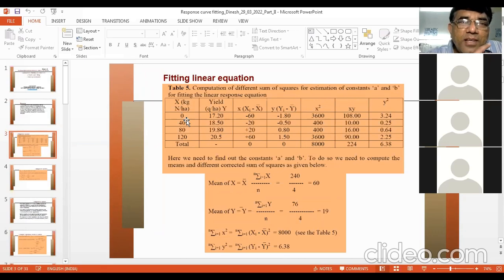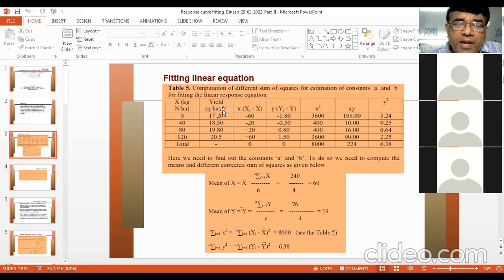Even you can have fertilizer herbicide rates. Students who are interested in herbicides, they can have herbicide rates here. Rates of water application, 5 liter, 20 liter or 30 liter likewise. So any variable which has some numerical values and increasing values can be written here as independent variable.